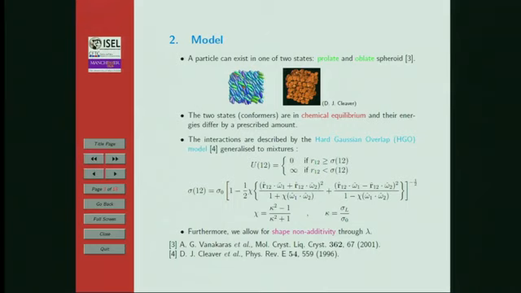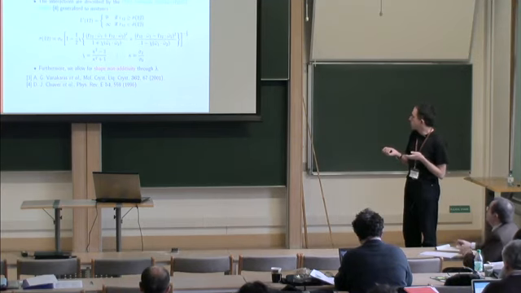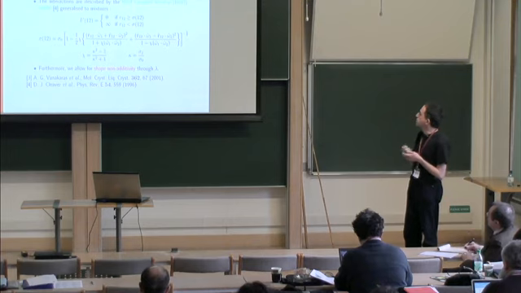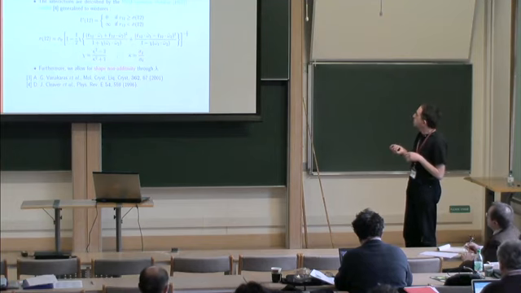The 2 state conformers are in chemical equilibrium, and we postulate that their energies differ by some prescribed amount. As it stands, the idea of the model is very similar to one that was put forward earlier by Vanakaras and co-workers. The way we implement the shape interconvertibility is a little different.